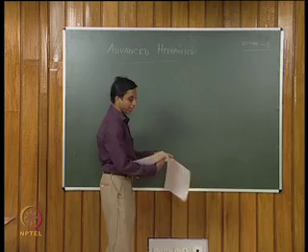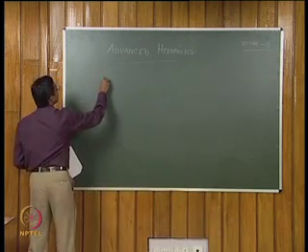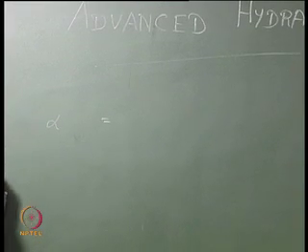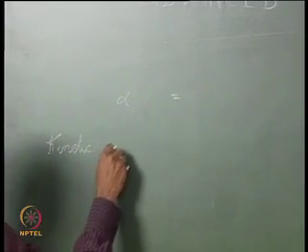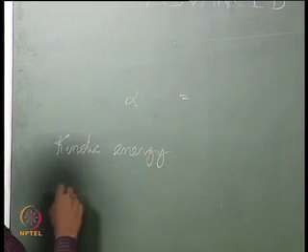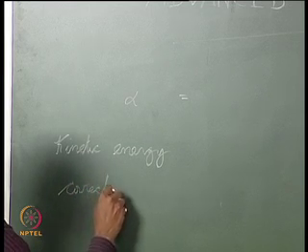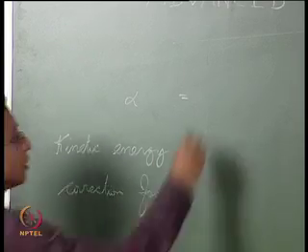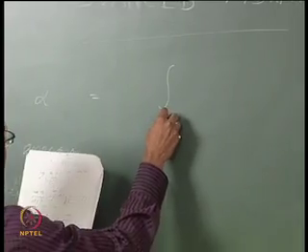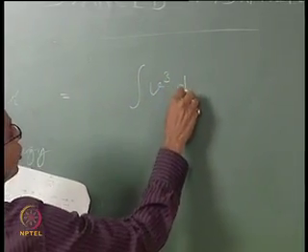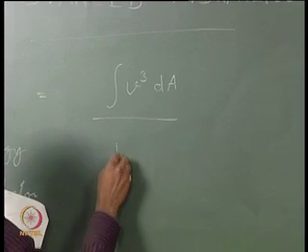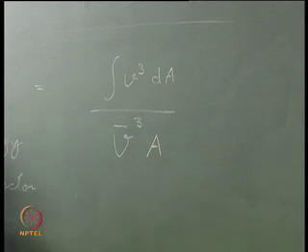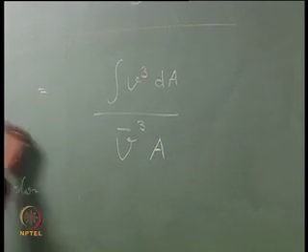So, what did we do? We had even given some formulas. This is the kinetic energy correction factor alpha. In fact, we had derived this in the last class. This was given as the integral of v cubed dA by the average velocity cubed into the area of the cross section.